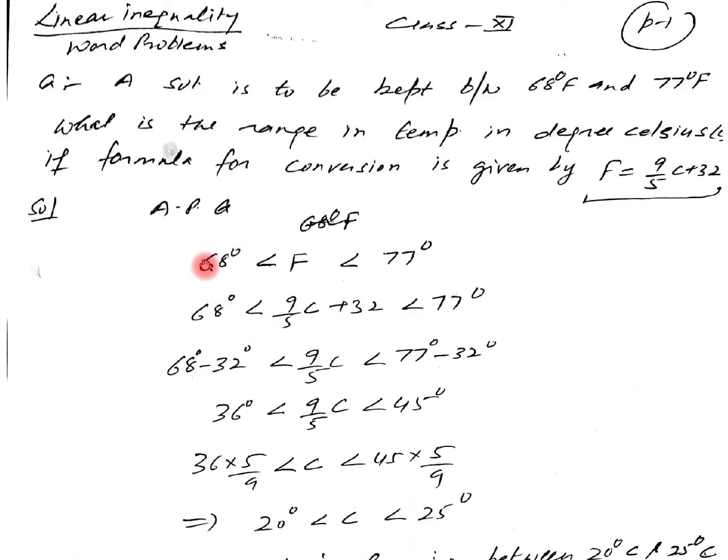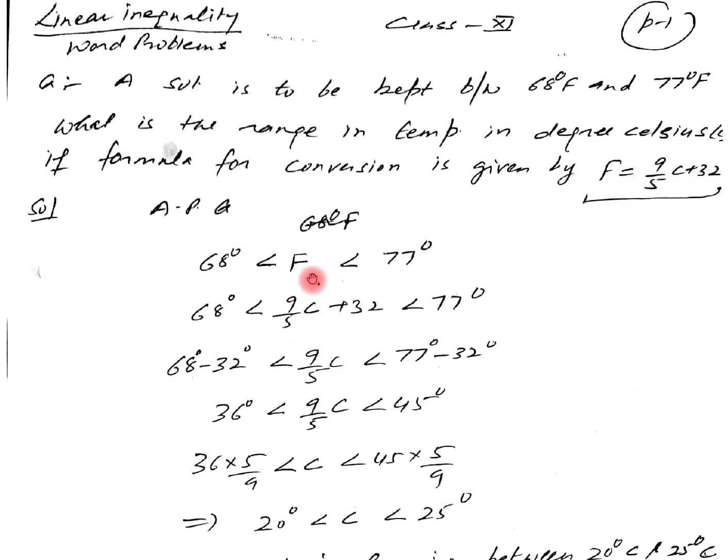Now, as per the question, it is given that degree F lies between 68 and 77. So, we can write 68 degree less than F less than 77. Now, we have to convert this F into C. It is mentioned in the question that F equal to 9 by 5 C plus 32.